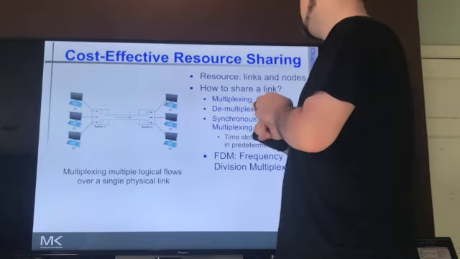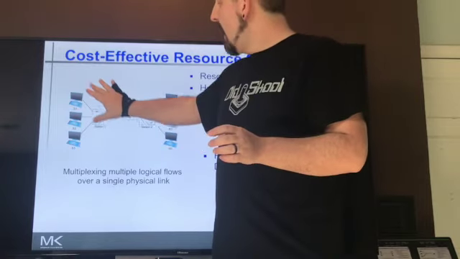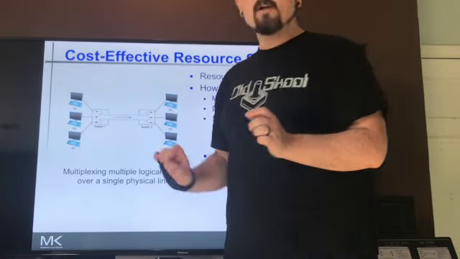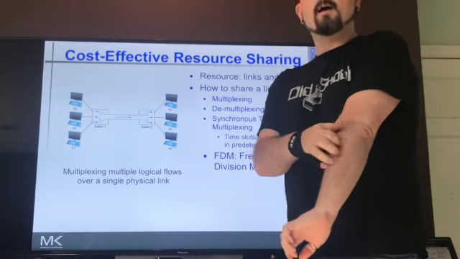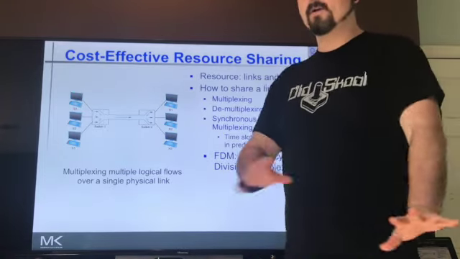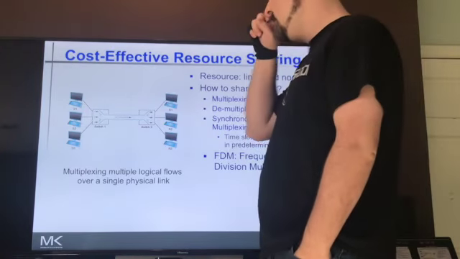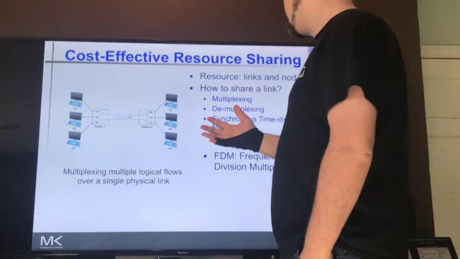How can we effectively have many machines sharing the same switch, whether it's an actual switch or a router, which we're going to talk about the difference in those terminologies soon? How do we effectively share?